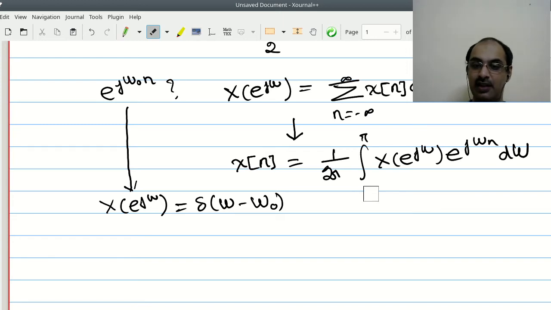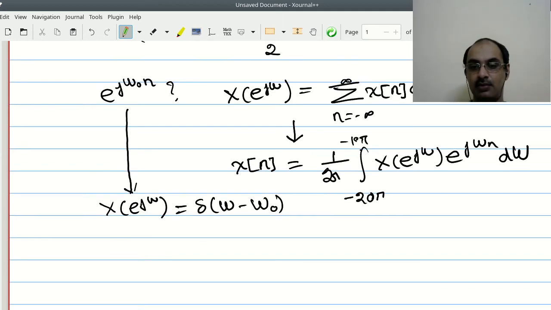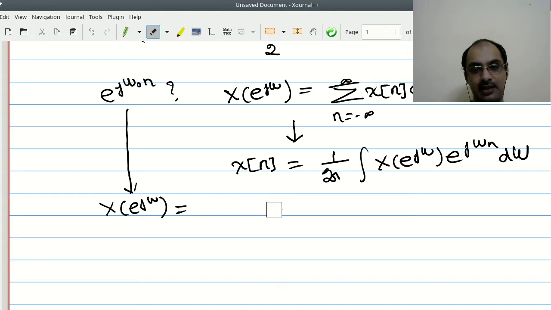For example, you can even do something like minus 20 pi to minus 18 pi, or something like 103.2 pi to 105.2 pi. Also it will work. But this, if you plug in here, will not. So this is not the exact way to write the DTFT.